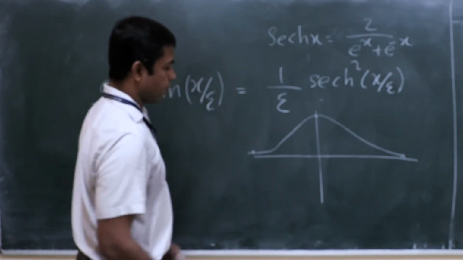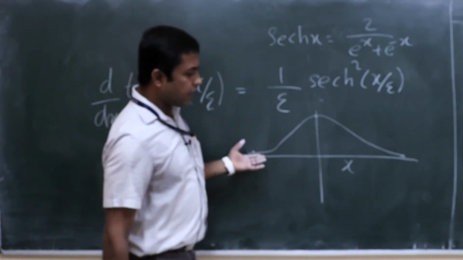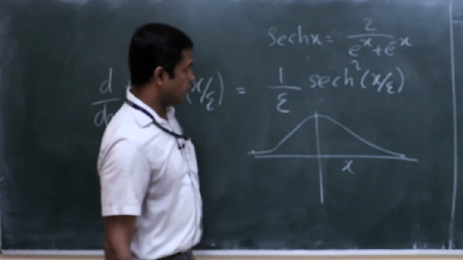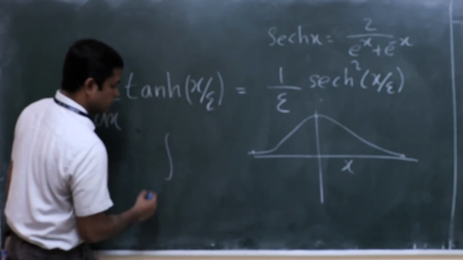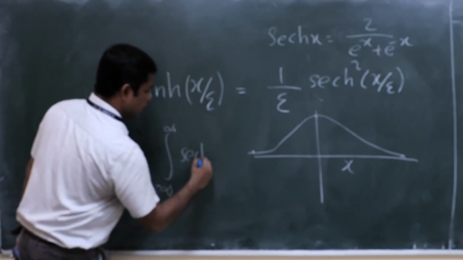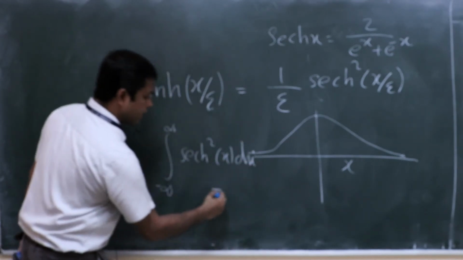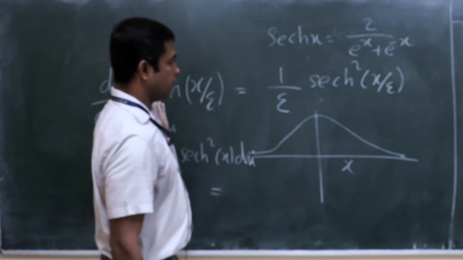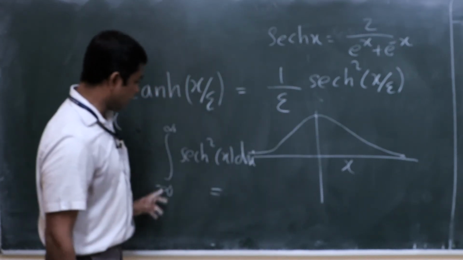Okay, so when you integrate this function from minus infinity to infinity, what is the integral of sec h square x dx? What will be the integral of that? Because you know that the derivative of tan hyperbolic x is sec hyperbolic square. So what will be the integral of this?